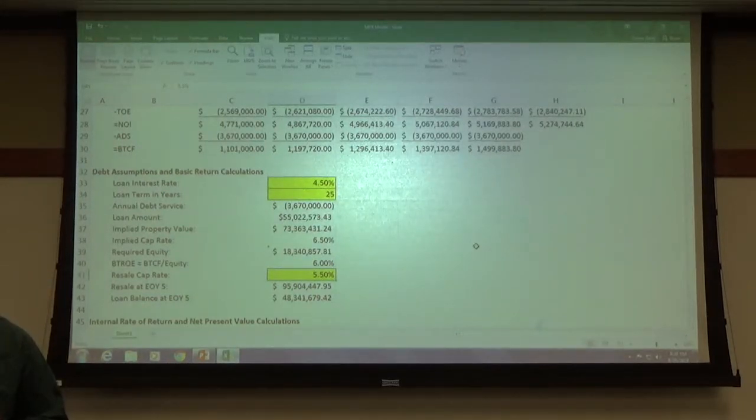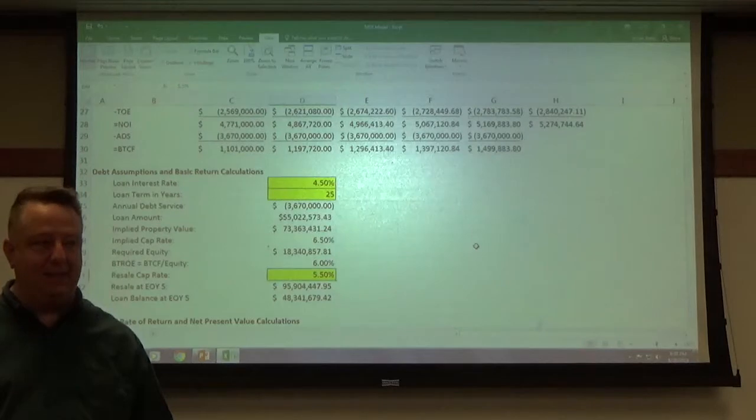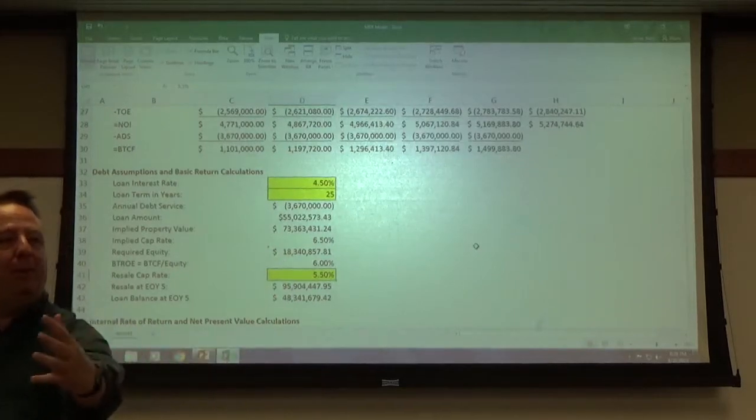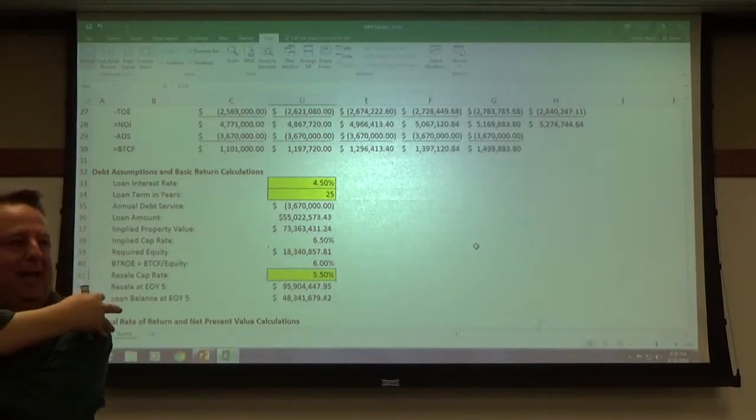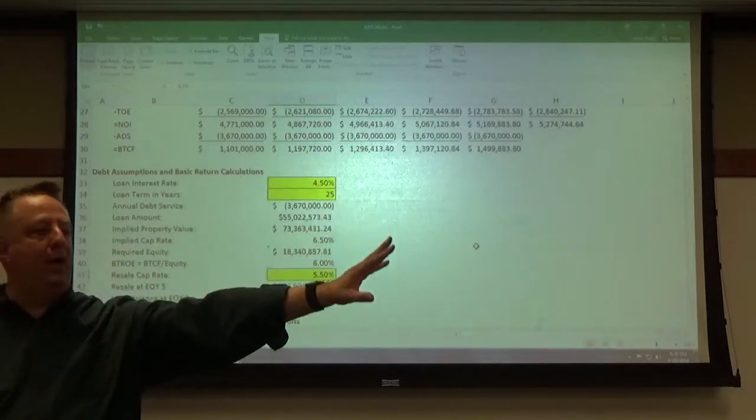Now that your cap rate's gone down, the property value's gone up, and your NOI potentially soon, you're going to probably be able to refinance it for a larger dollar amount, meaning you can probably yank out some equity to put it somewhere else.